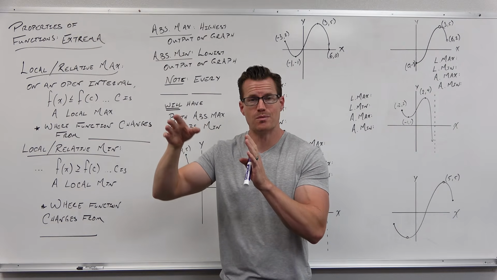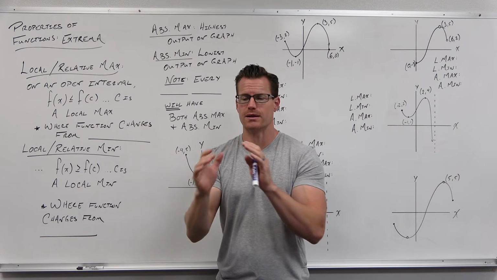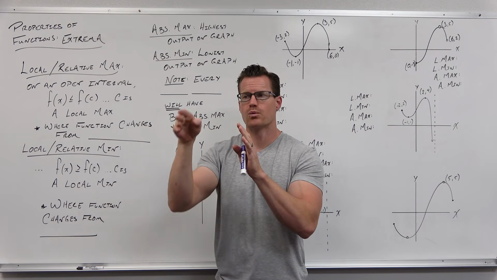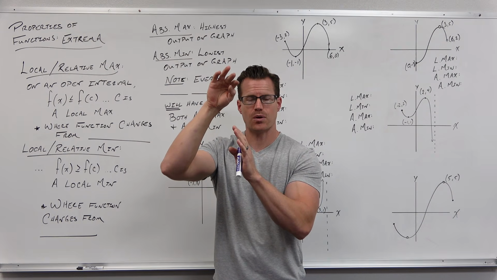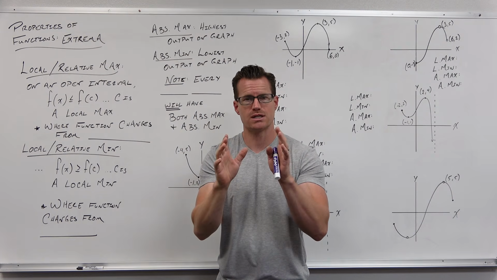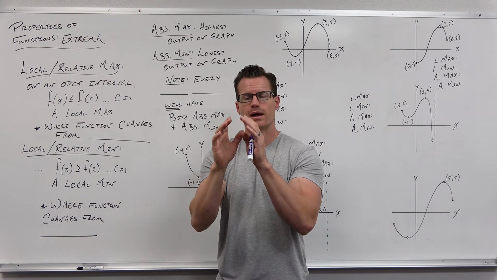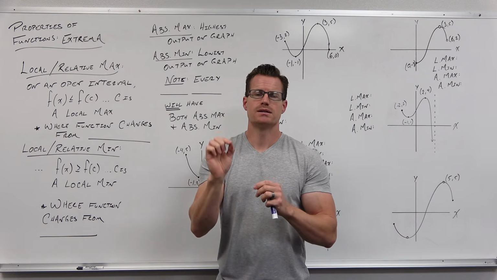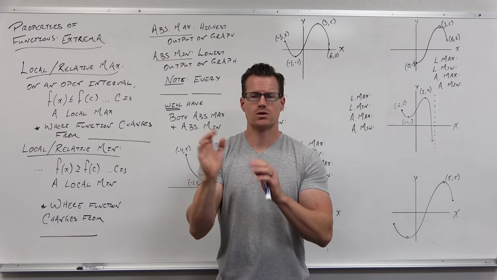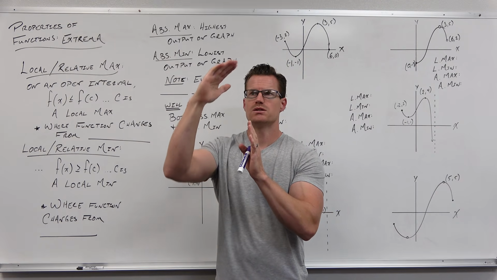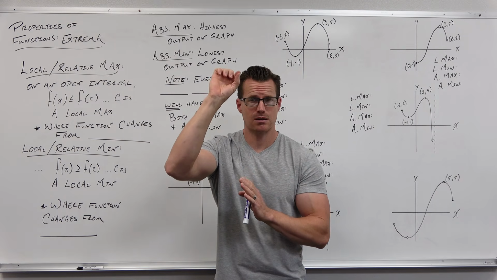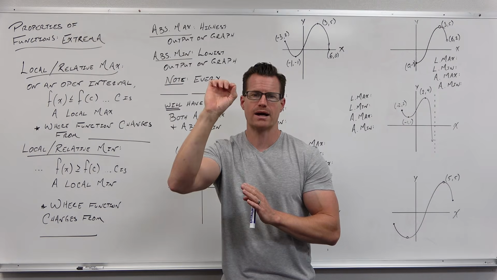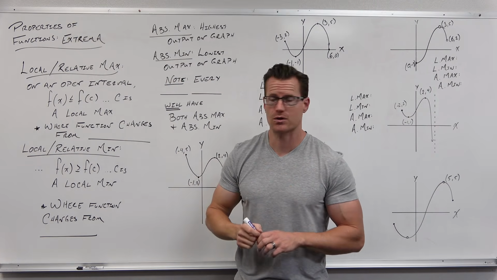On that change, remember that the increasing is open and the decreasing is open, and where they change, we didn't include that point on increasing or decreasing. Well, that point itself is where the change happens. That point itself is a local max or local min. So when we change from increasing to decreasing, we're going to have a little peak there. That peak is our local maximum, or where that local maximum occurs.